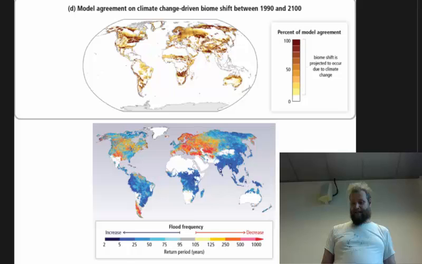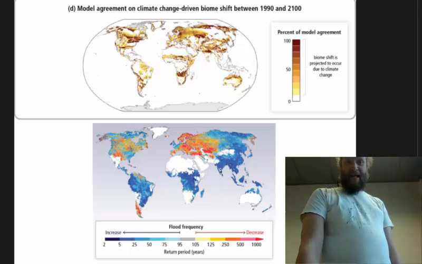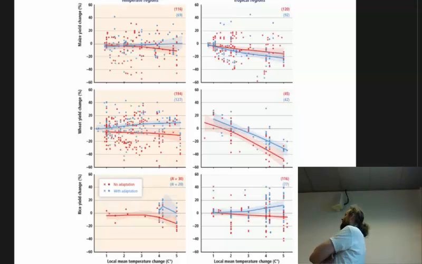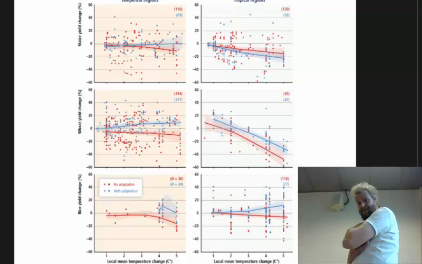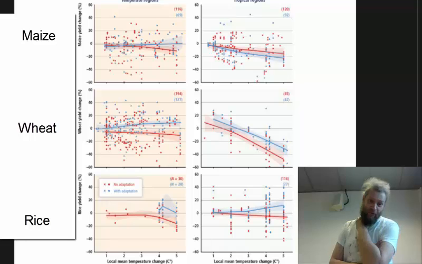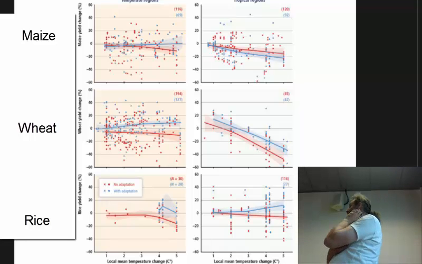Now, that is natural vegetation. The same principles of change also hold for managed vegetation, the stuff that is going on farms, agriculture. What you're looking at here is 6 graphs for maize at the top, wheat in the middle, and rice at the bottom.